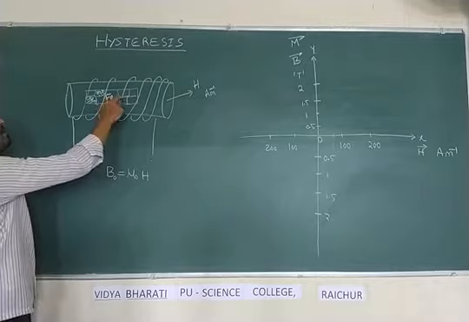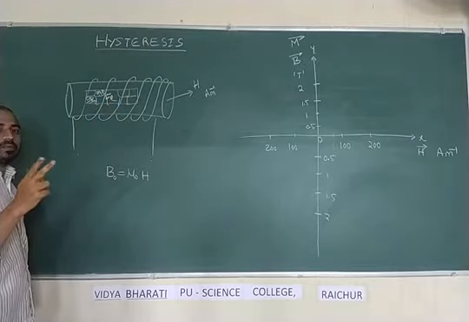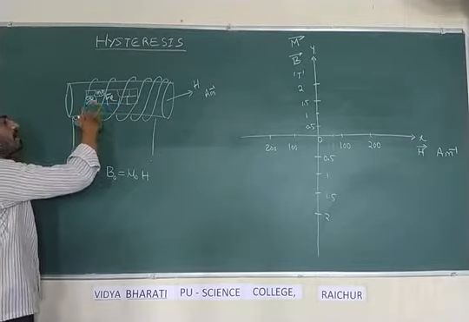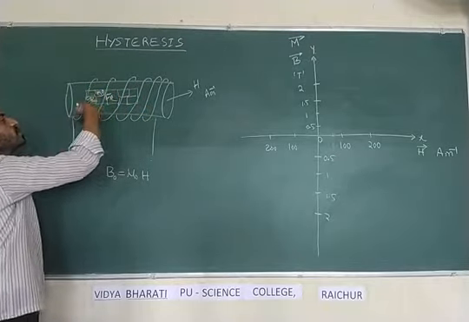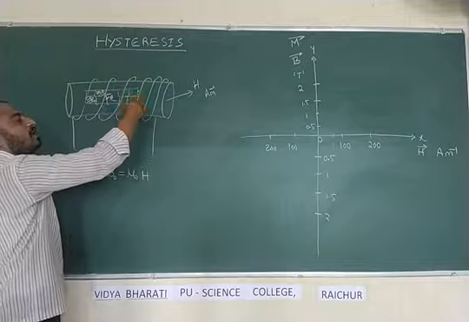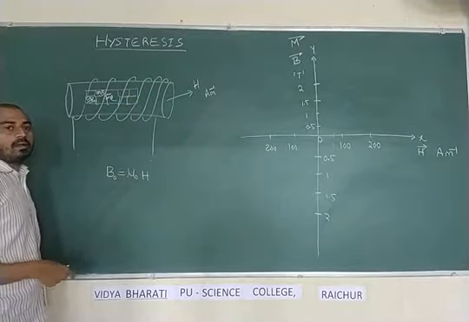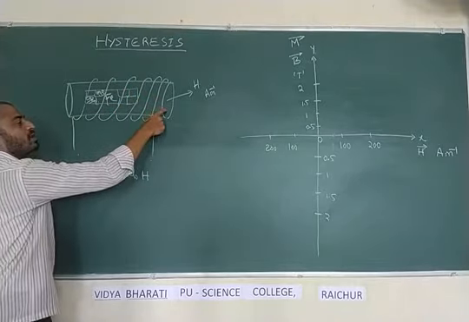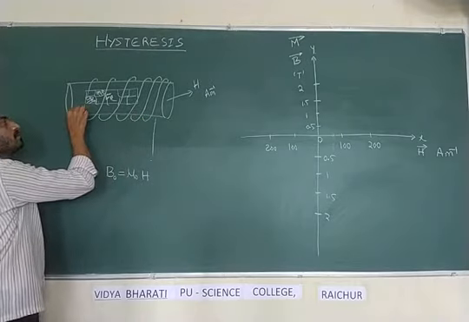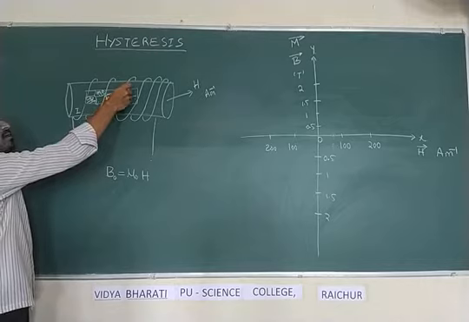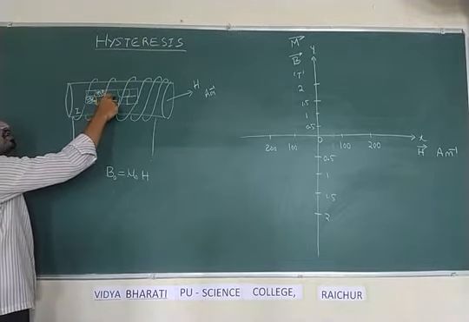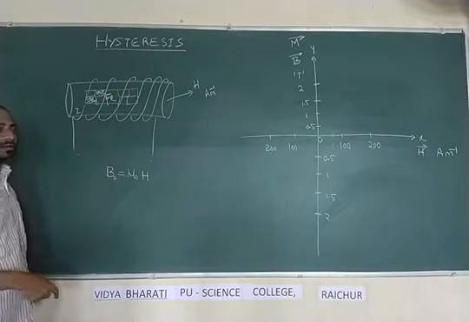And during that we will have two fields. One field is due to the current which is passing through all the turns of the insulated copper wire with which that solenoid is wound. One field is established inside the solenoid because of the current, and another field is also produced inside the material because of the conversion of this iron into a magnet.